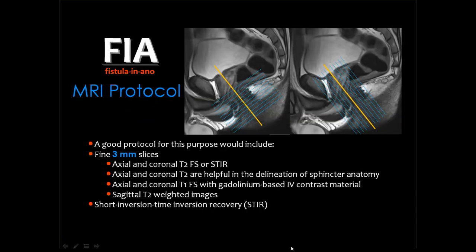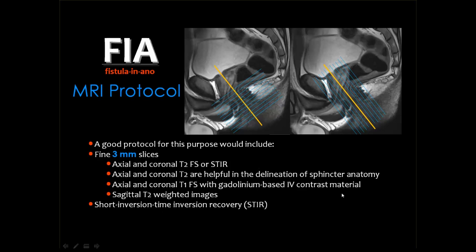Then I have mentioned before how to examine the anal canal by MRI, and this is the suggested protocol for evaluation of a suspected anal fistula. And we should have 3 millimeter slices, and we should have the axial, sagittal, and the coronal T2 weighted images.